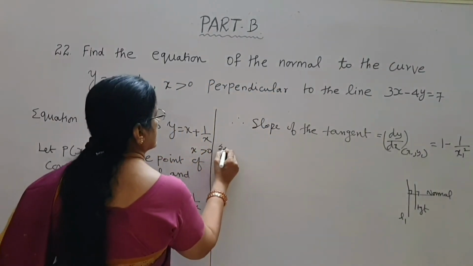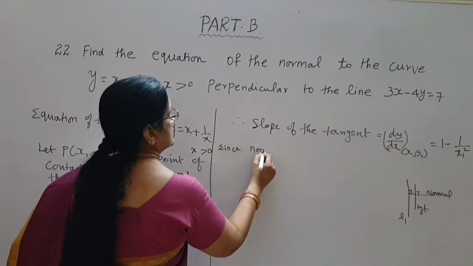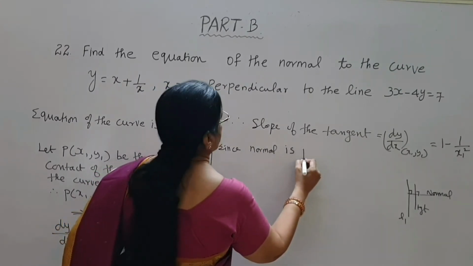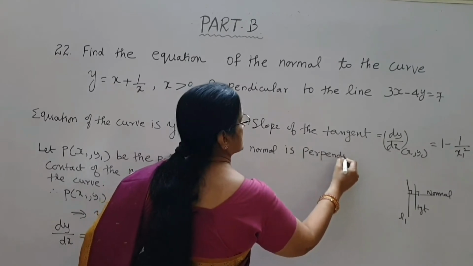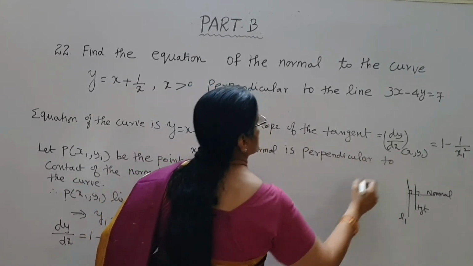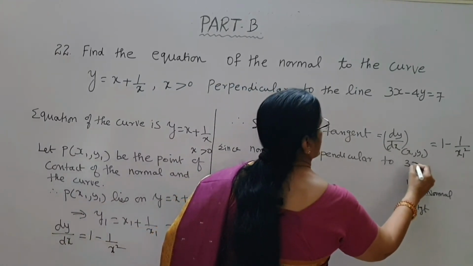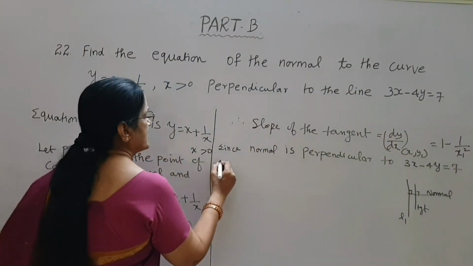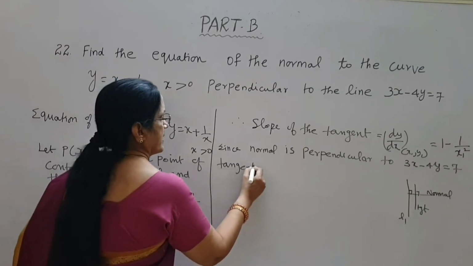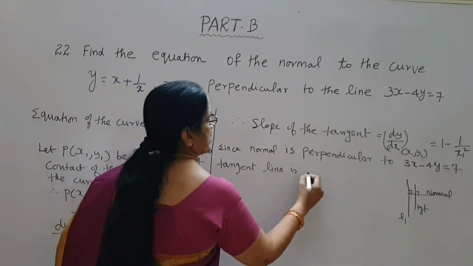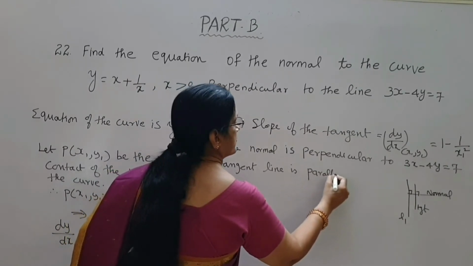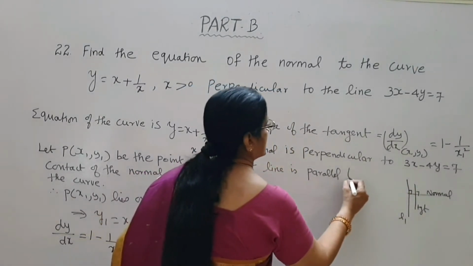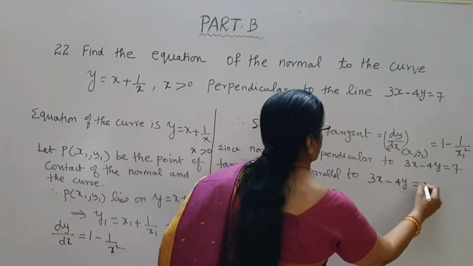So since normal is perpendicular to 3x minus 4y equal to 7, tangent line is parallel to the given line, parallel to 3x minus 4y equal to 7.